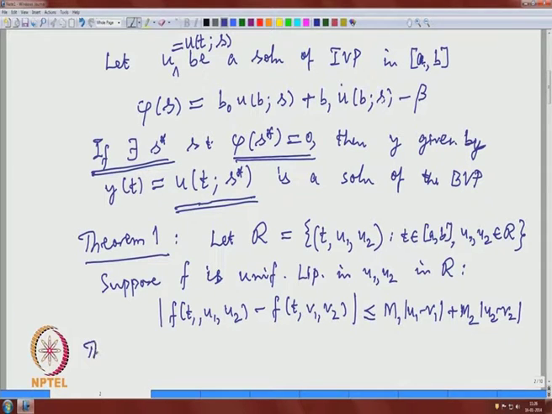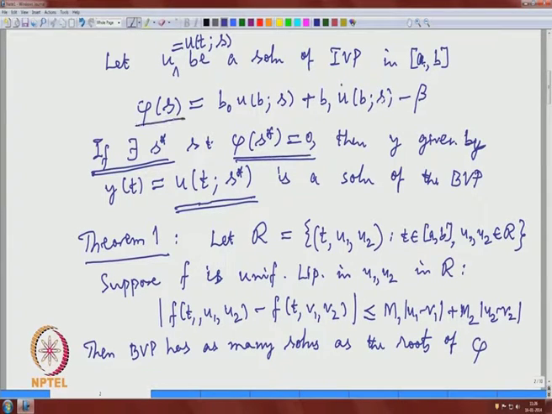Then the BVP has as many solutions as the roots of phi. So, for every root of this real valued function, remember this phi is from R to R.